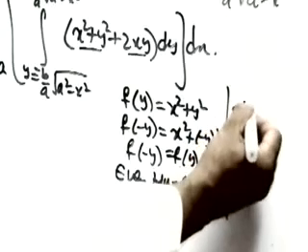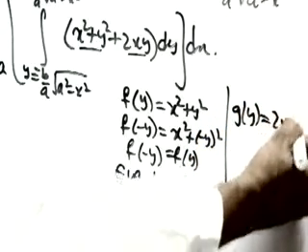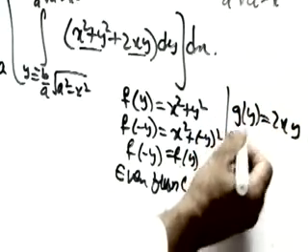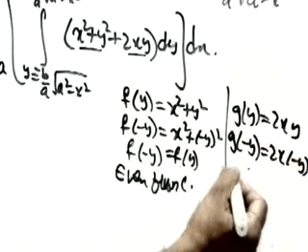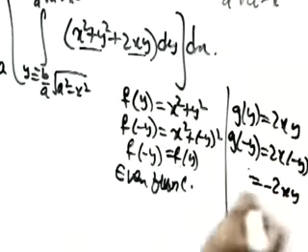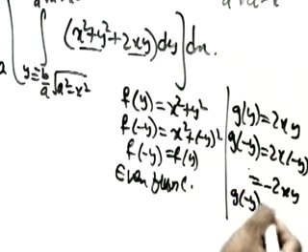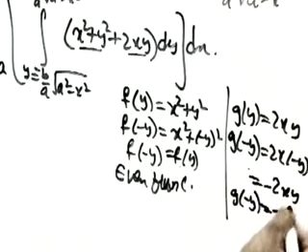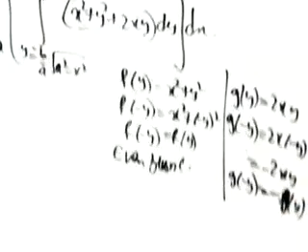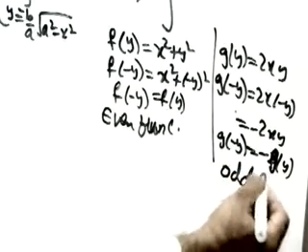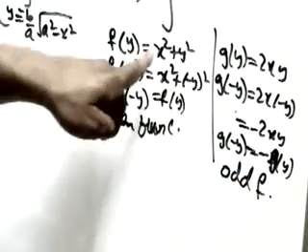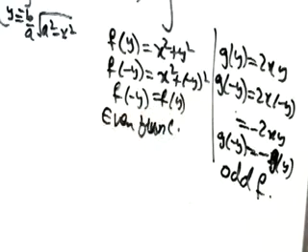Whereas you see this, suppose I am denoting this by g of y equals to 2xy. Now you write g of minus y, it will be 2x into minus y. This will become minus, so minus 2xy. So g of minus y equals to minus g of y. So if you get f of minus x equals to minus f of x, this is called an odd function. So this is the even function and this is the odd function.